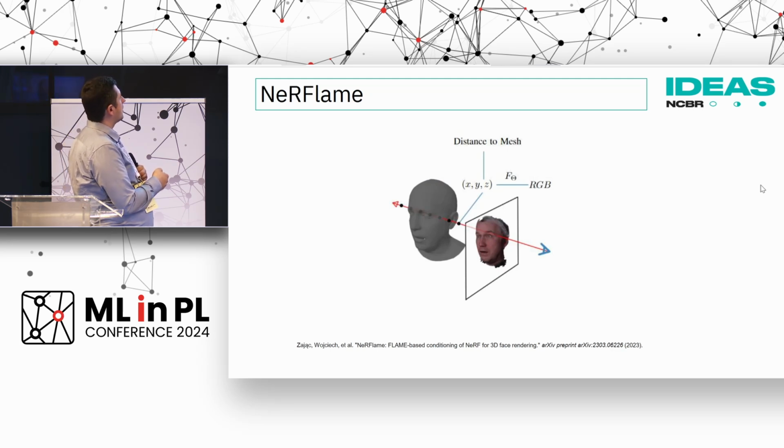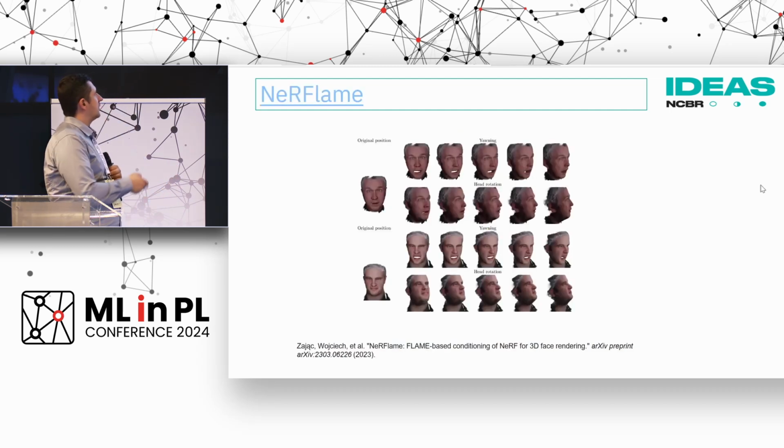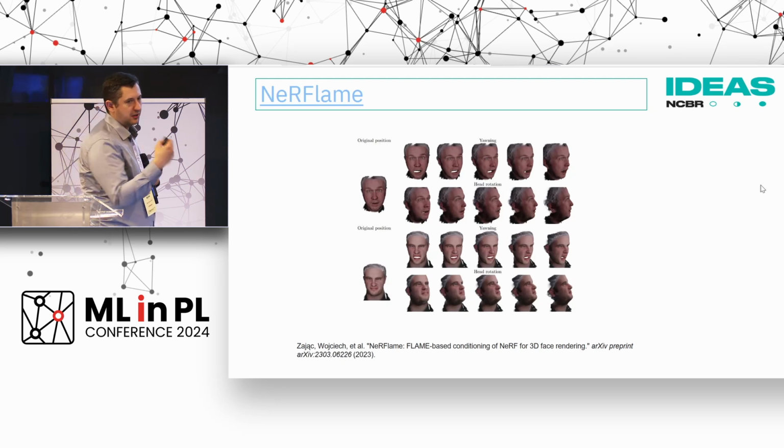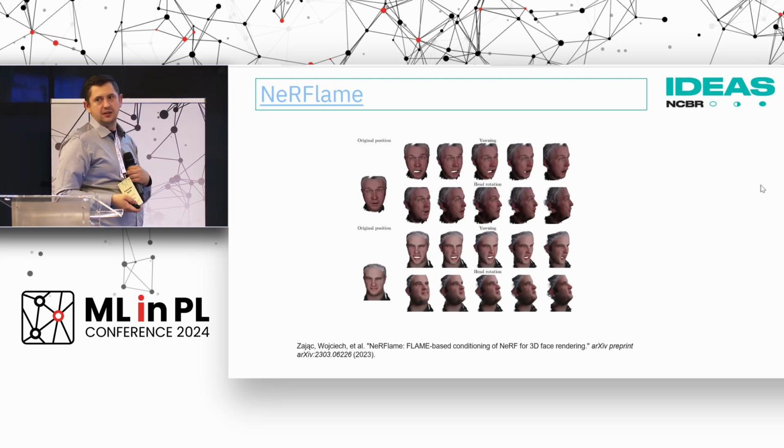So when we are close to the mesh, it can produce color and opacity, but when we are far from the mesh, we force it to give zeros. Thanks to it, the NeRF is connected with the mesh. And thanks to it, we can train our model on a single face, and after that, we can move the mesh to obtain a novel position of the face.